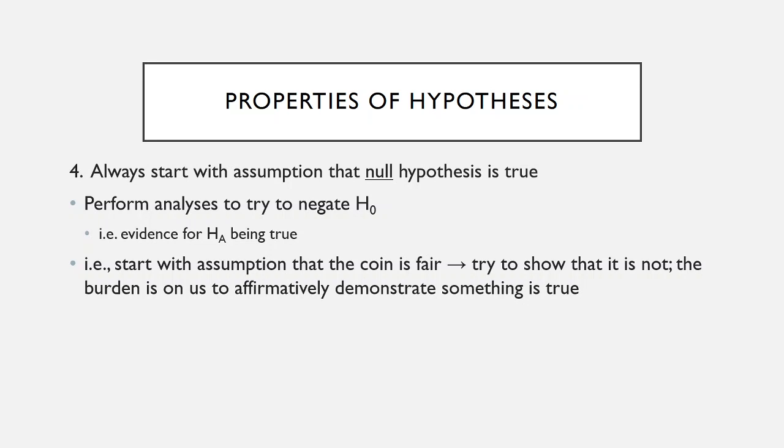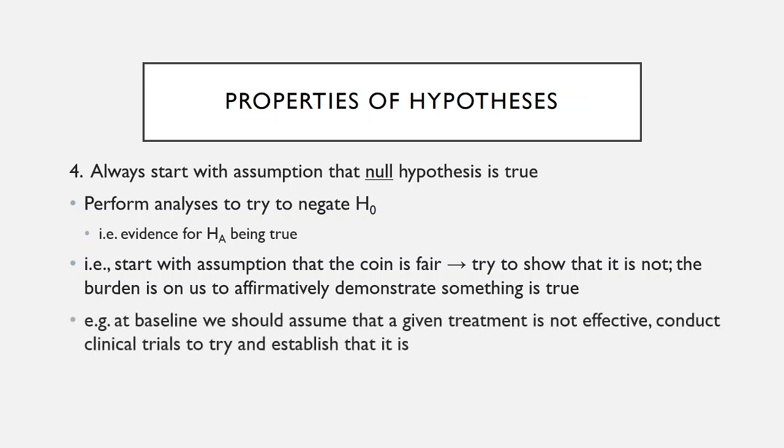So in this case, we need to start from the assumption that the coin is fair, and we want to perform tests that show that the likelihood of the coin being fair is so vanishingly slim that we have evidence that the more likely conclusion is that the coin is unfair. But the burden is going to be on us to affirmatively provide that evidence.